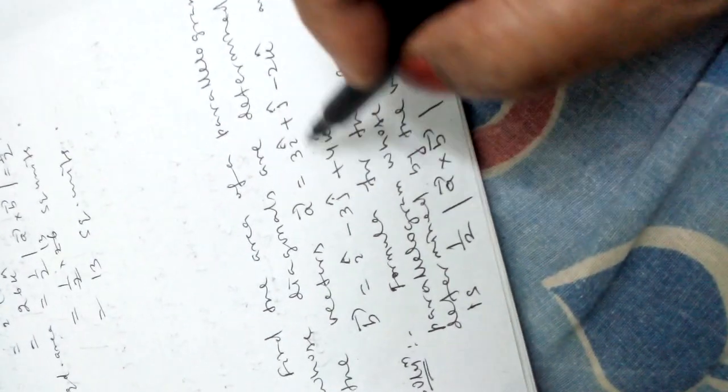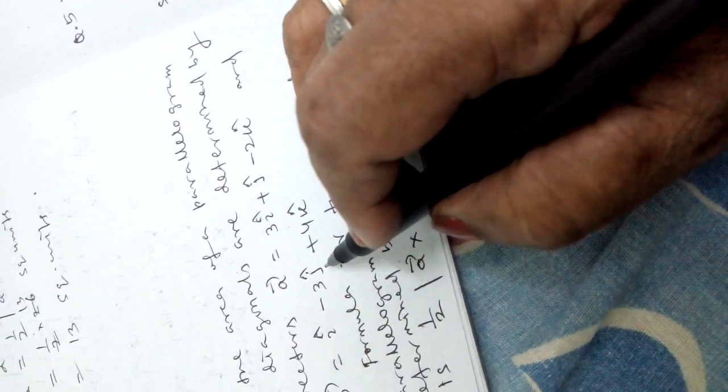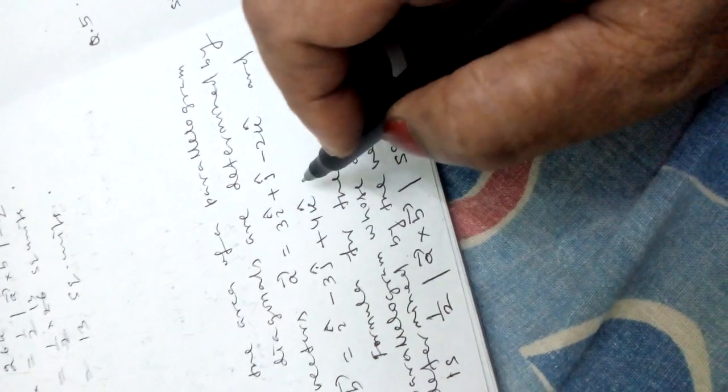Question number 3 is, find the area of a parallelogram whose diagonals are determined by the vectors A equal to 3i cap plus j cap minus 2k cap and vector B equal to i cap minus 3j cap plus 4k cap.